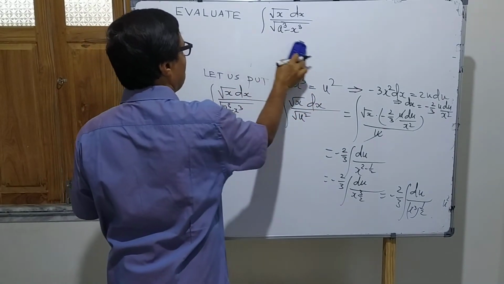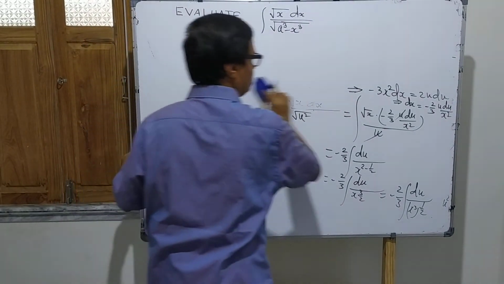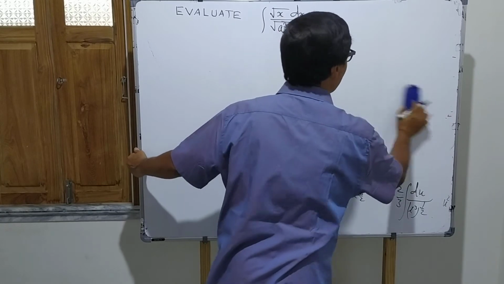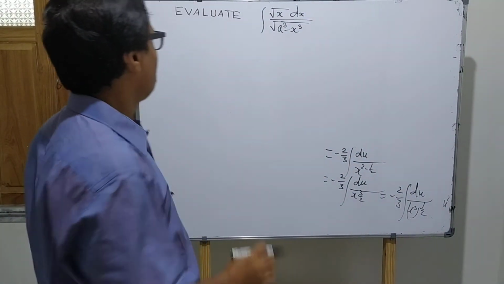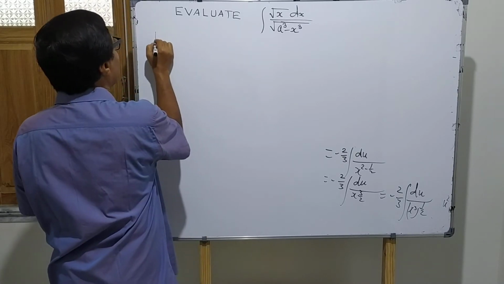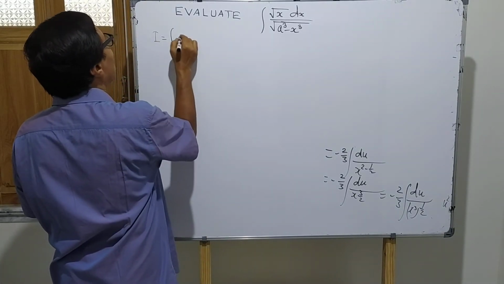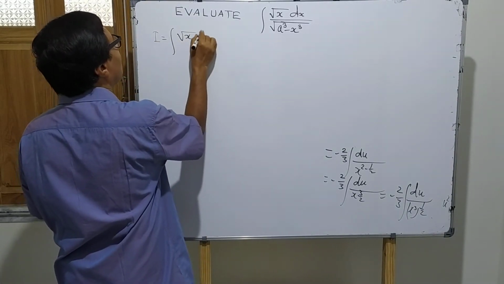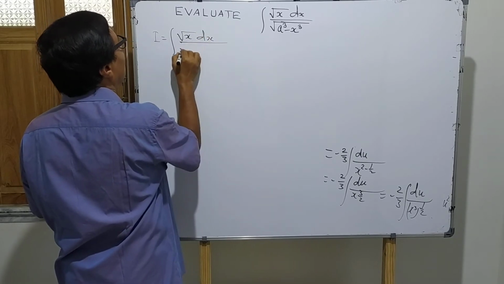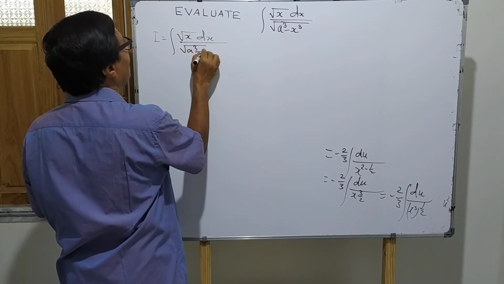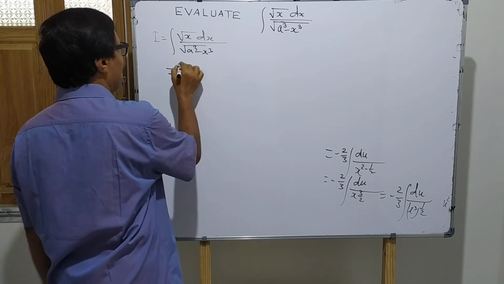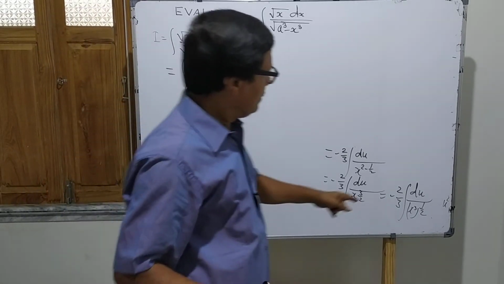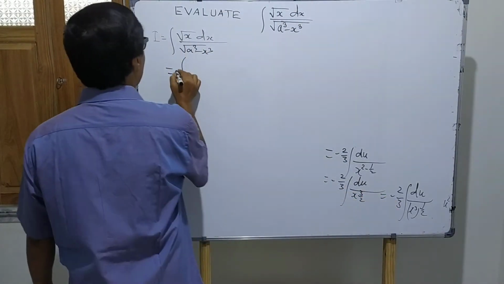So the given integral I is equal to the integral of root x dx over root of a cube minus x cube, which equals the integration of minus 2 over 3 du over x cube to the power half.